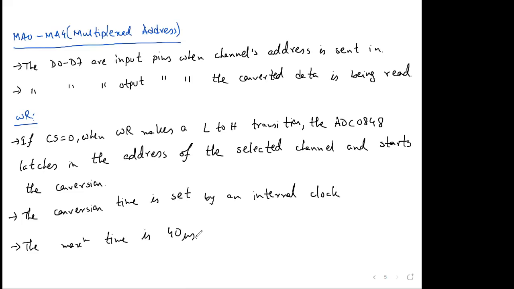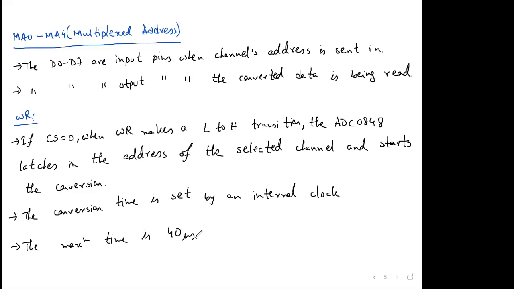It will take input from that particular channel only and start the conversion. Then automatically these pins will act as output, not input anymore. Once it has read the channel address, these pins will be ready for sending the output. You don't have to do anything.